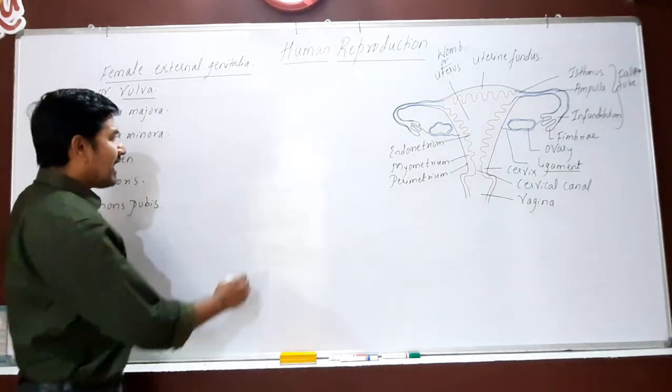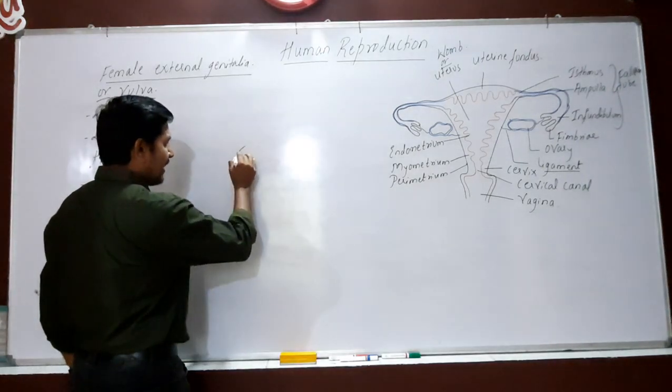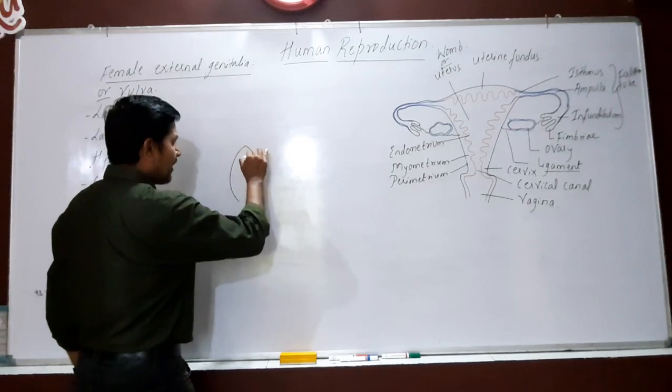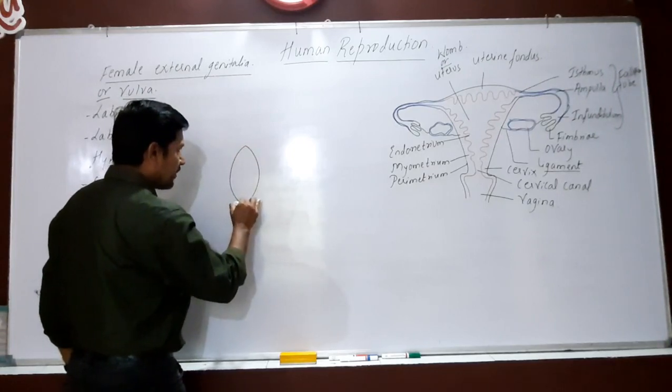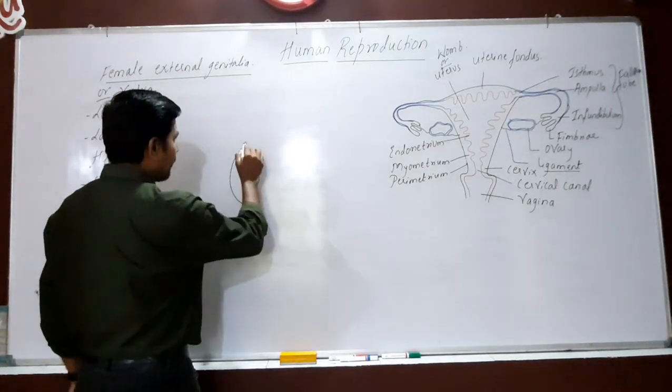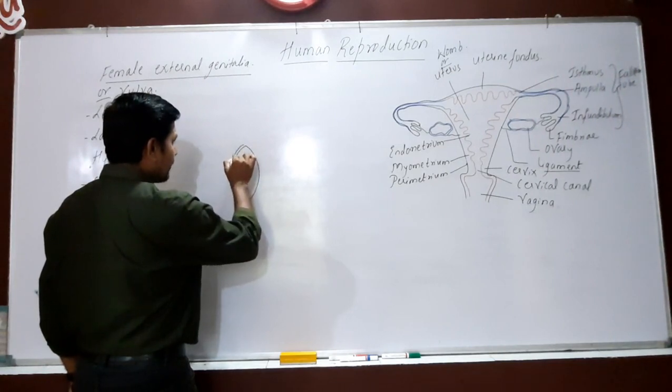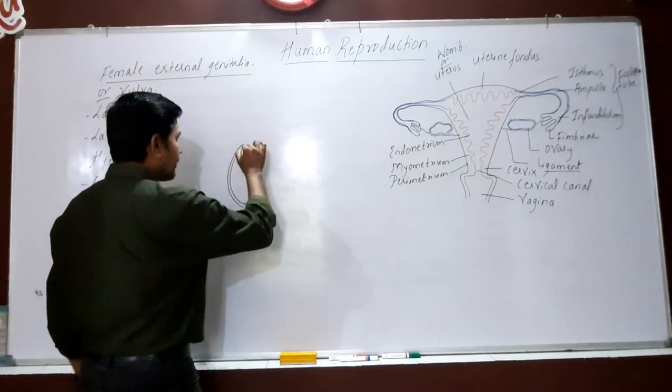So the external genitalia of the female reproductive system includes all these parts.